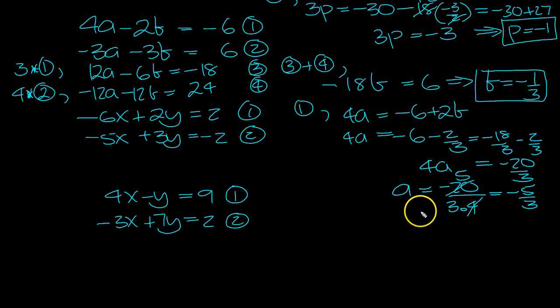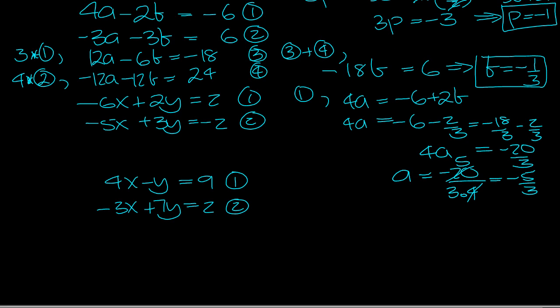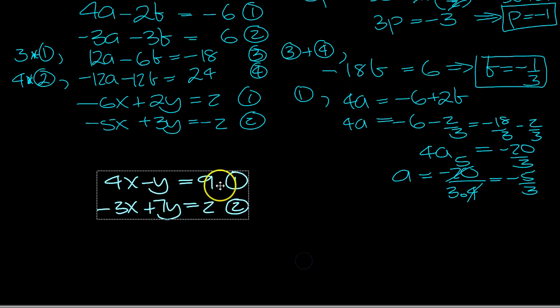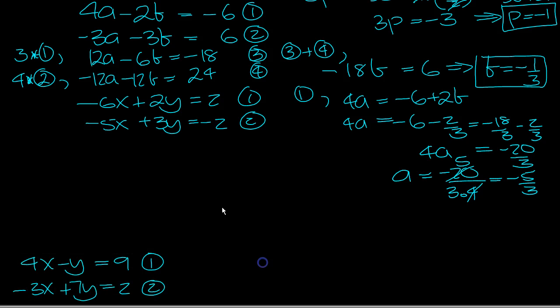Okay, good. Next one. We've got this one here. We've got a bit more room. So I'll just move this out of the way for the moment, and try and do some work here for this one. It's quite nice, 2 and 3 is 6, isn't it? So that's the easiest thing to do. Here, triple this one.